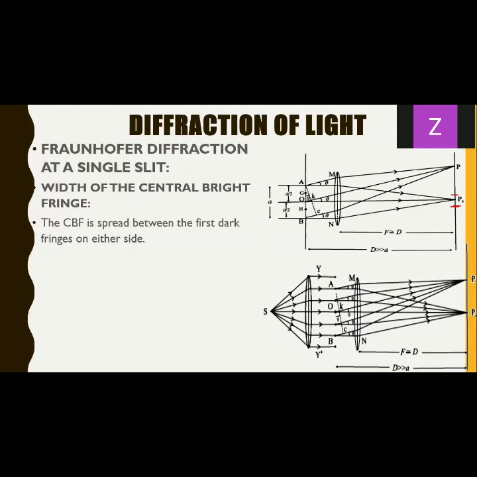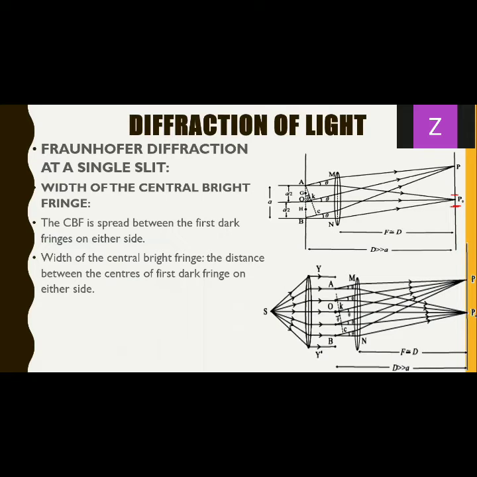So when we consider the width of the central bright fringe, it is the distance between the centers of the first dark fringe on either side.